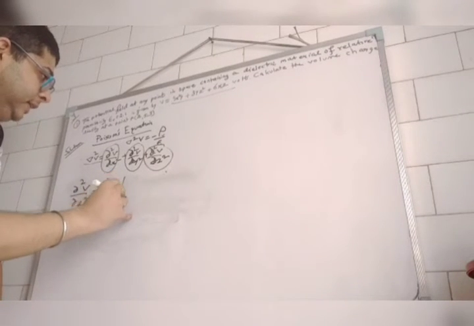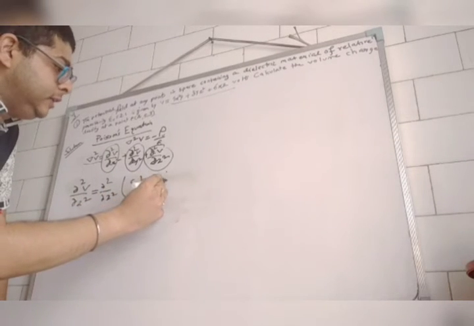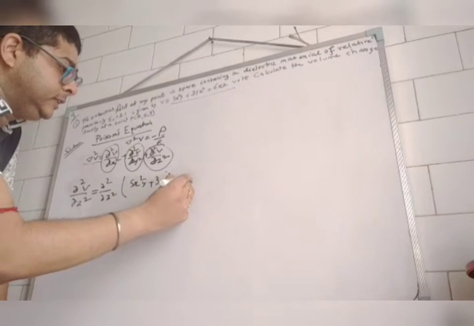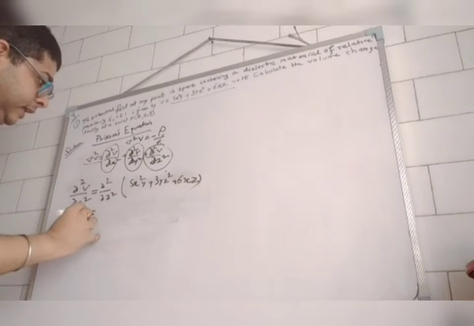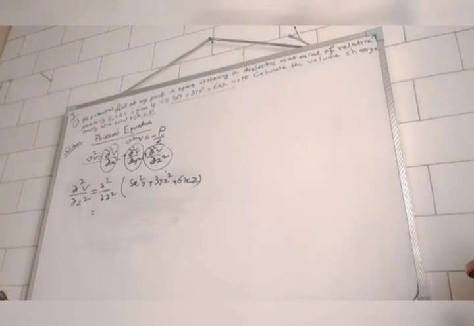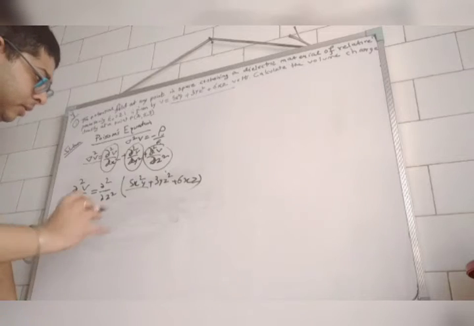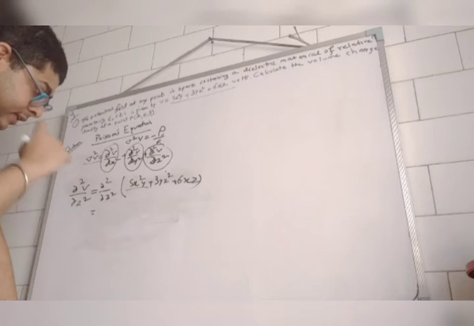So this will be 5x square y plus 3yz square plus 6xz. Now we will be differentiating this function with respect to z only. You can see there is no z here, so it will be a constant, and the differentiation will be 0.